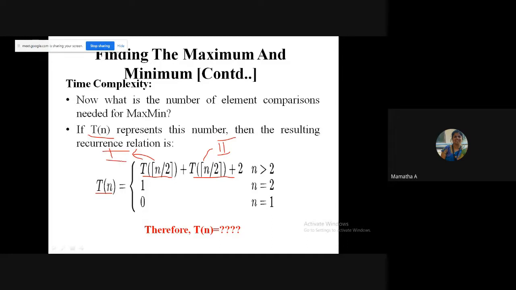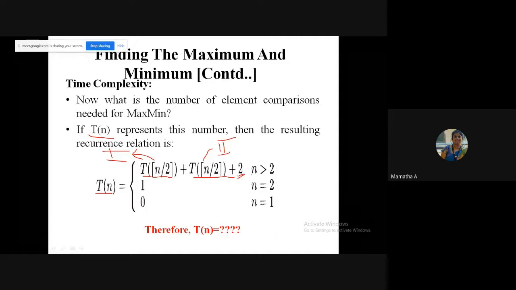Number of comparisons made in the first half plus number of comparisons made in the second half. Then once you get the maximum and minimum in the first and the second, I need how many comparisons? 2 comparisons.